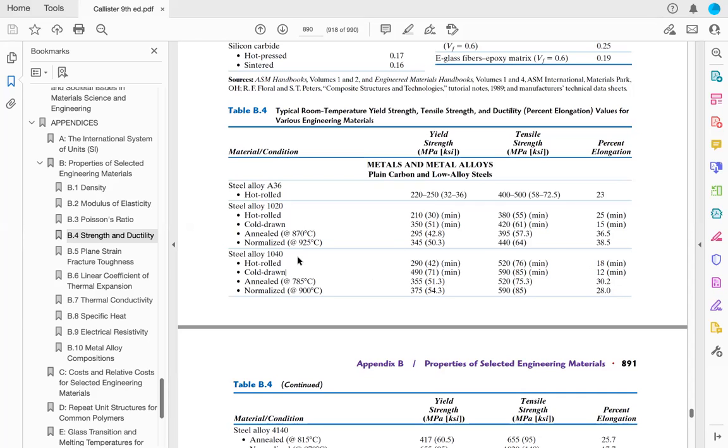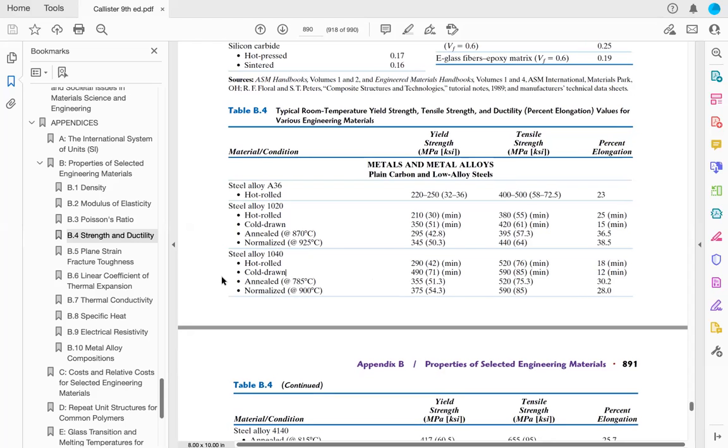After that, for these two steel alloys we perform some annealing or normalizing, a heat treatment where we leave it at 785 degrees Celsius for some time. We see that the elongation improves and the yield strength is still the same.